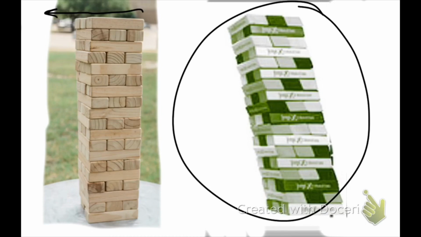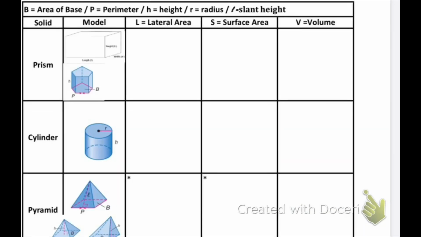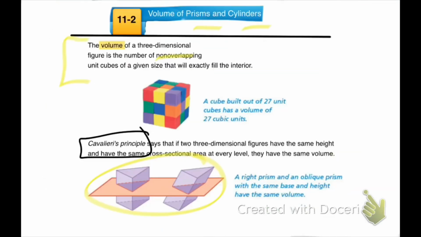Well, does the volume change? Does the number of blocks that I need to fill up the Jenga tower change at all? No, it's slanted, but the space inside of the three-dimensional shape doesn't change. So that is this principle here. Now, let's look at how we can actually calculate it. Today all we're looking at is the volume of prisms and cylinders.